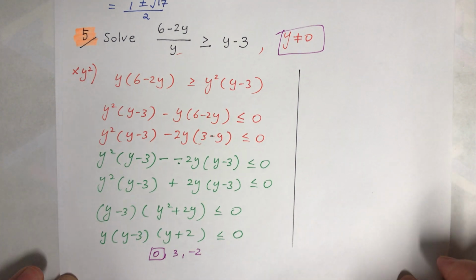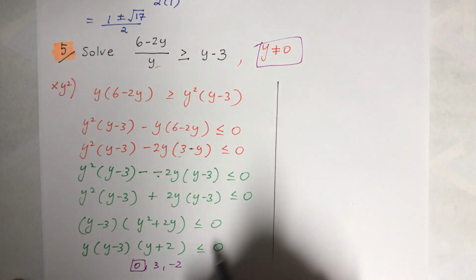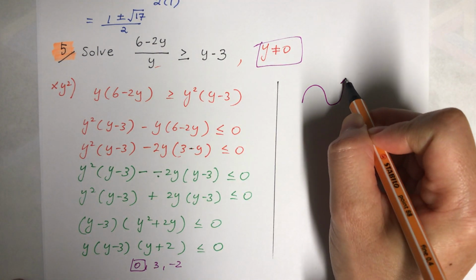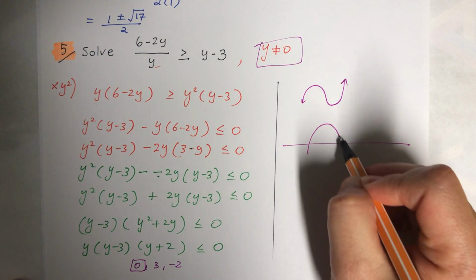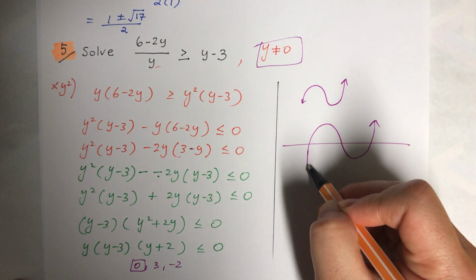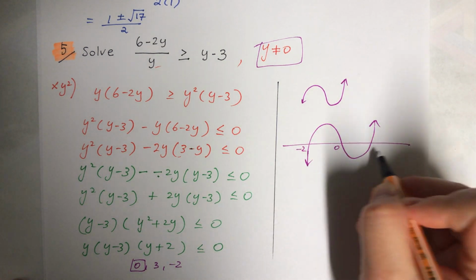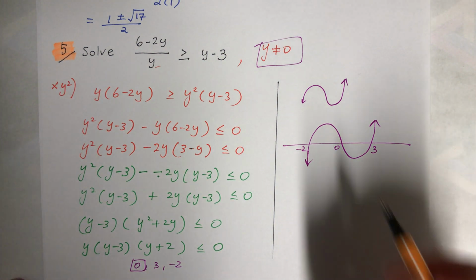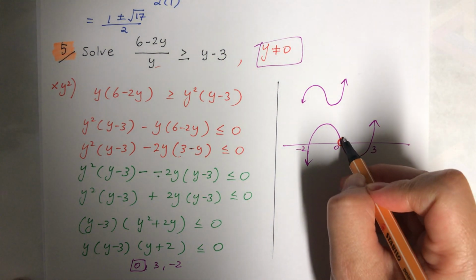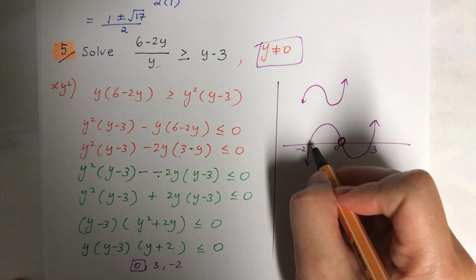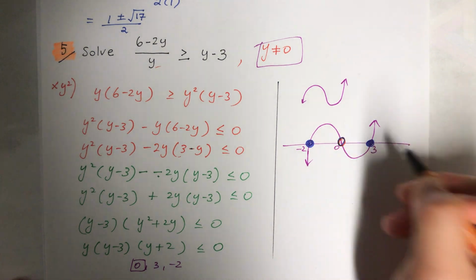So this is the cubic, and it's going up. Okay, so I'm going to go like that and put all my critical points there. And then what was it? 0 is not included. I'll use a different color. Not included, but the other 2 are included. There.